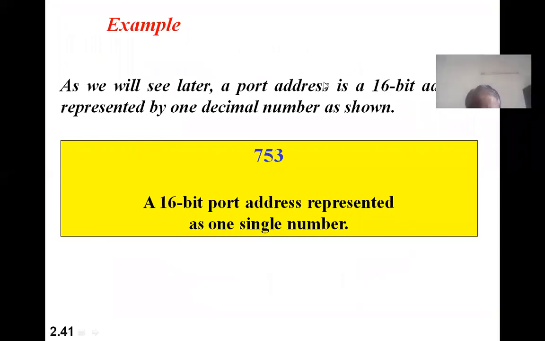Now, this port address is a 16-bit value, and normally it is represented as a decimal value, like 753. Some number. This is one of the port addresses. So it can vary from 0 to 65,535 or so. It is 2 power 16.